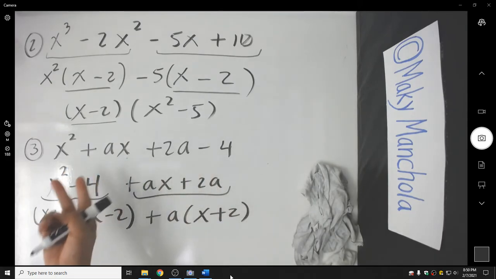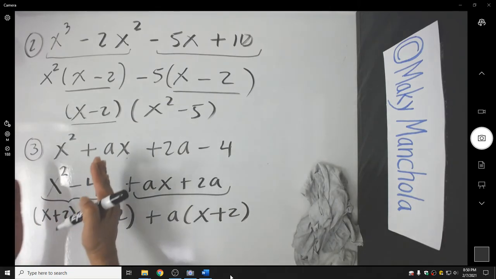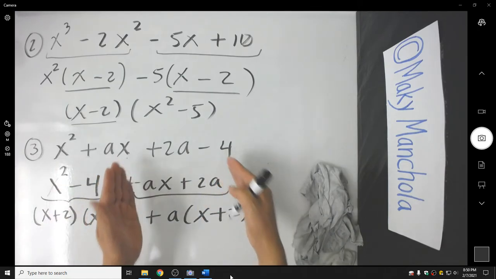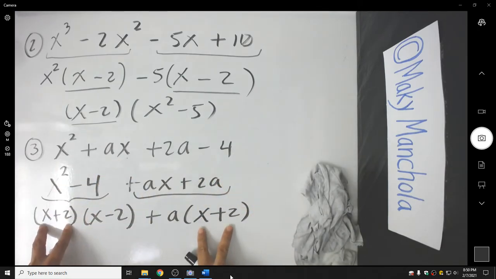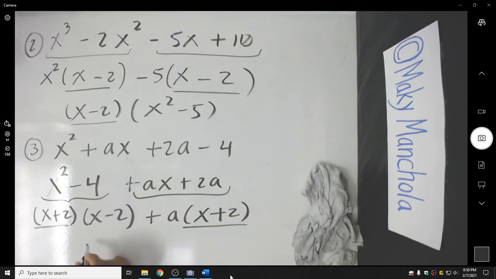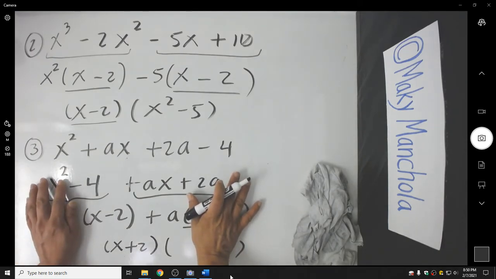The rearrangement was capable of creating two groups where after each of the groups is completely factored, you have a common factor. So then you factor out the greatest common factor, which in this case is x plus 2. So you end up with x plus 2 times whatever's left, which is x minus 2 plus a.